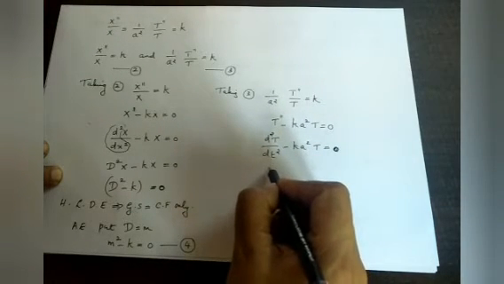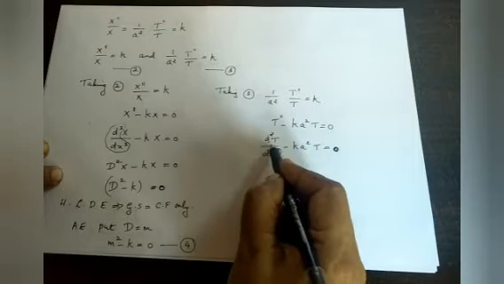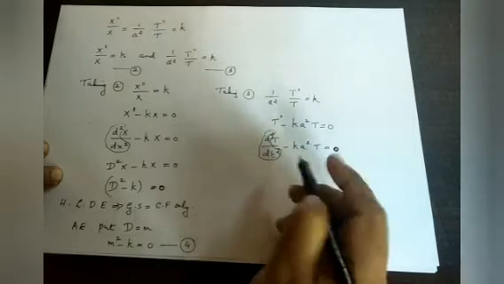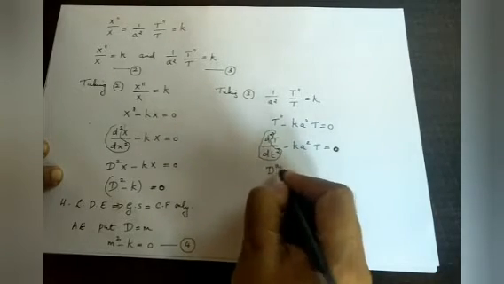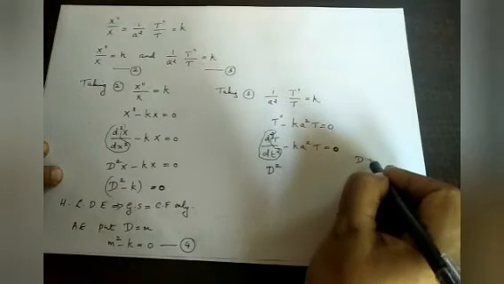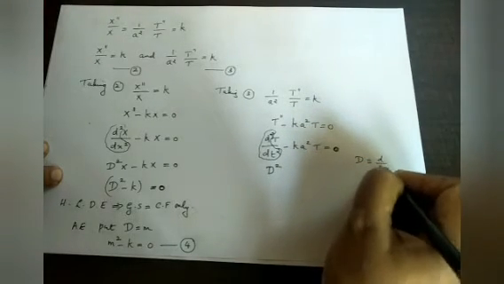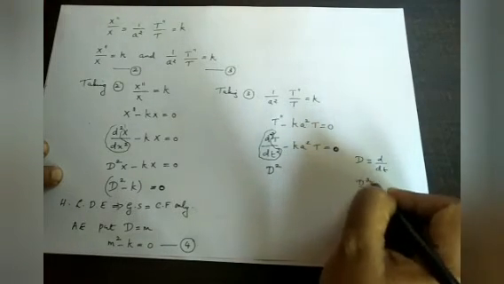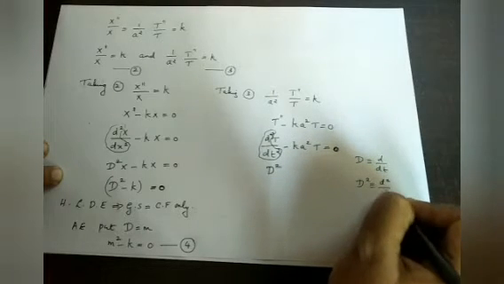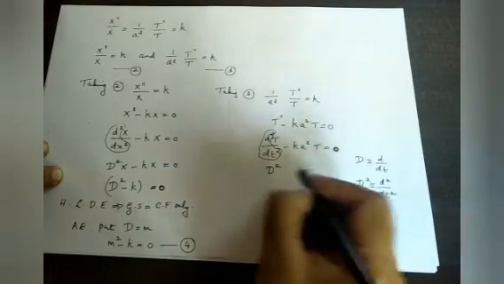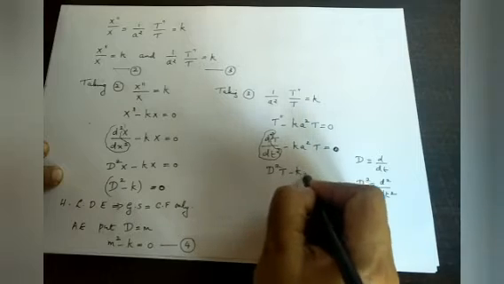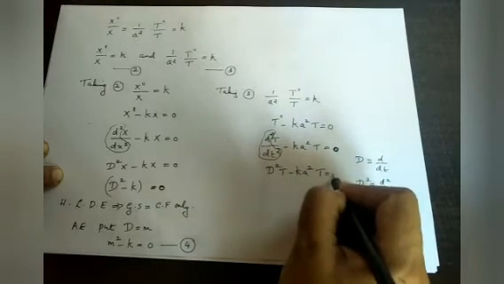Again simplifying this, instead of d²/dt², we have D², that is, for d/dt we substitute D. Now D² will be d²/dt². So D²T − k a² T = 0.